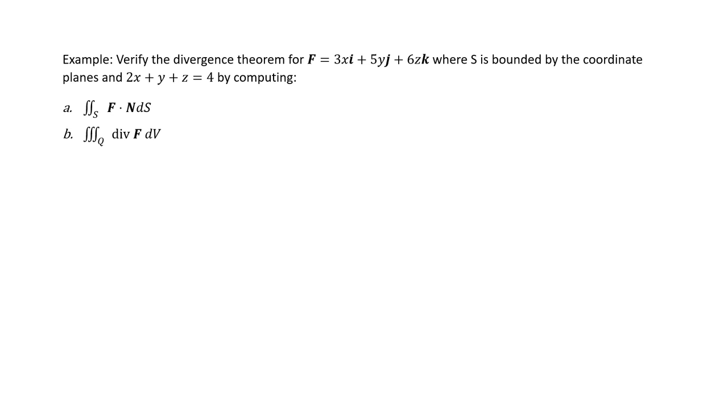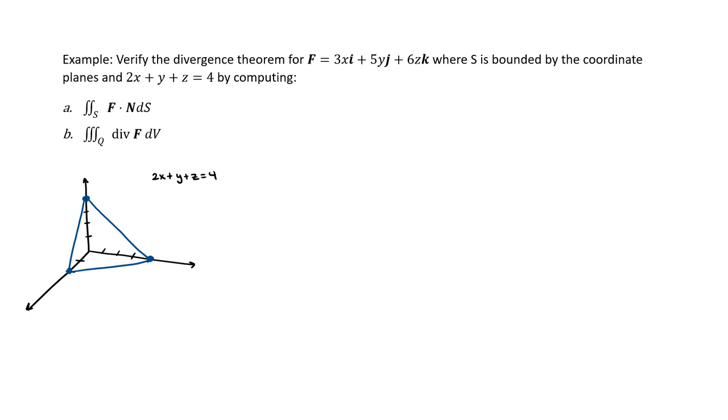So we are going to verify the divergence theorem for the vector field <3x, 5y, 6z>, where S, our surface, is bounded by the coordinate planes, like our xy, xz plane, etc., and the plane 2x + y + z = 4.